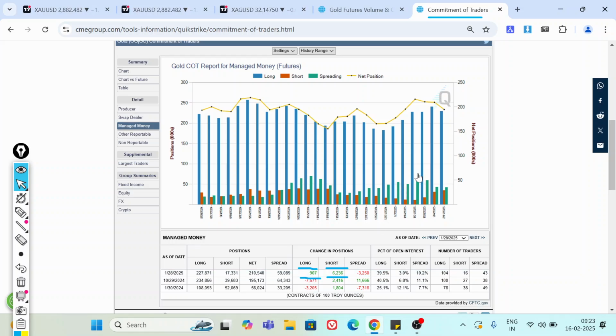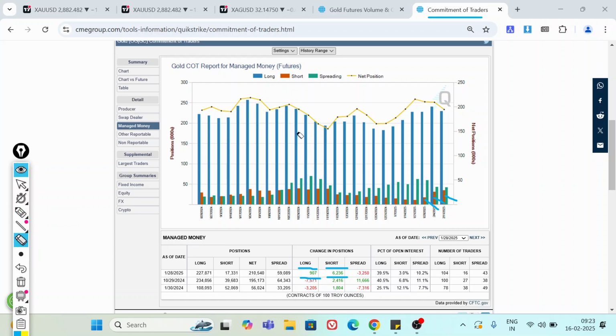So they are continuously adding positions into the short side for the last 3 weeks. You can check these short positions, this brown color.